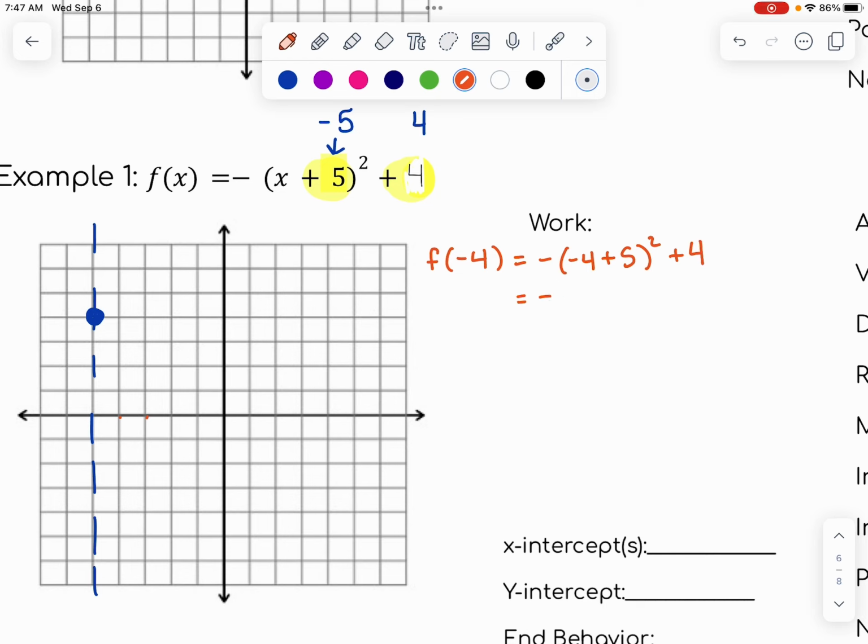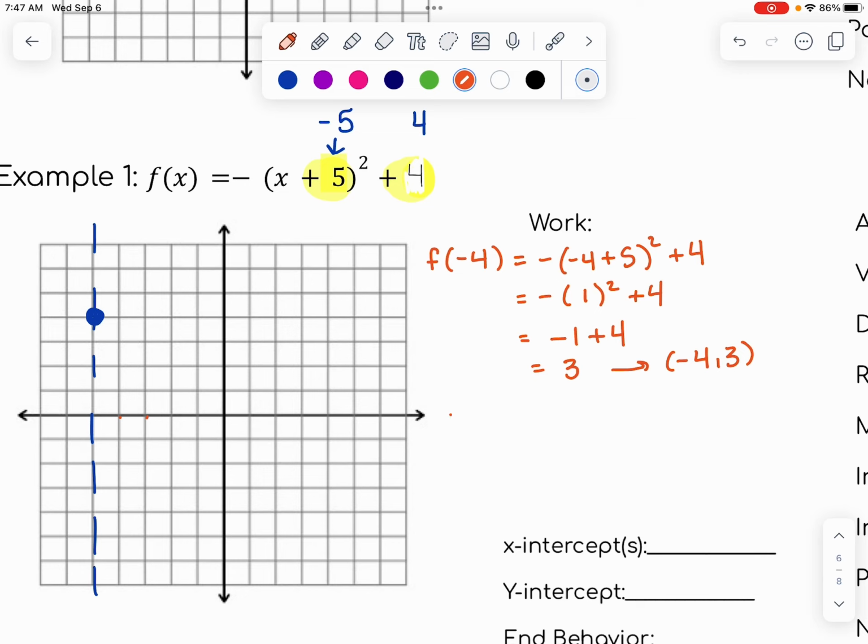Simplifying this, I get negative 1 squared plus 4. 1 squared is 1, so negative 1 plus 4 equals 3. And so therefore, we get the ordered pair negative 4, 3 as one of our points.